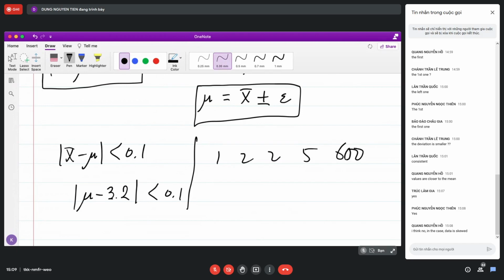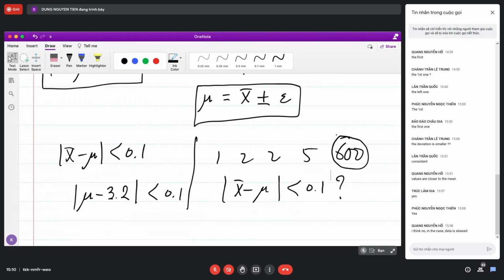If it is 600, can we say that x bar minus mu is less than 0.1? It is not true, even though it may occur.